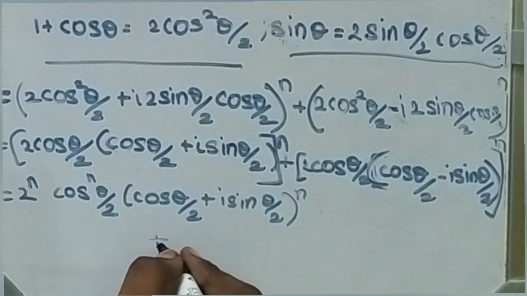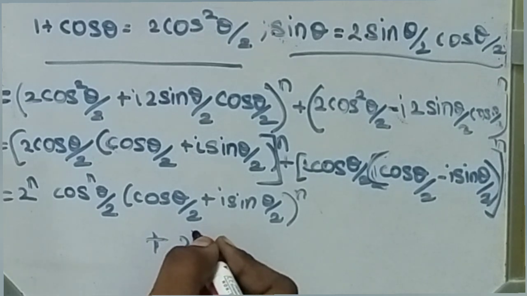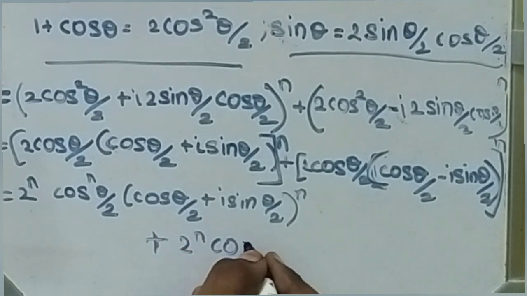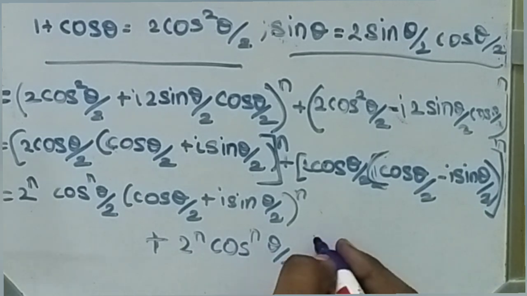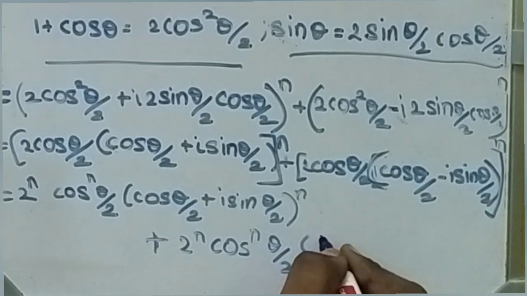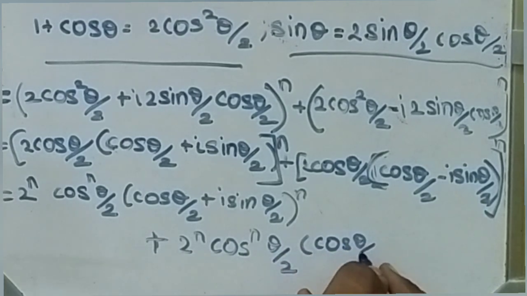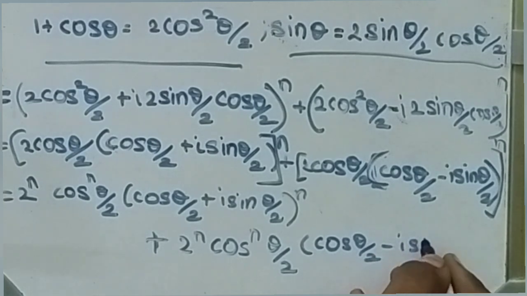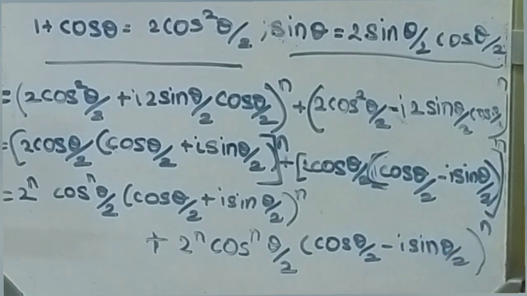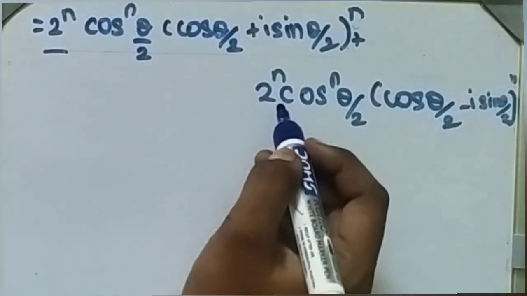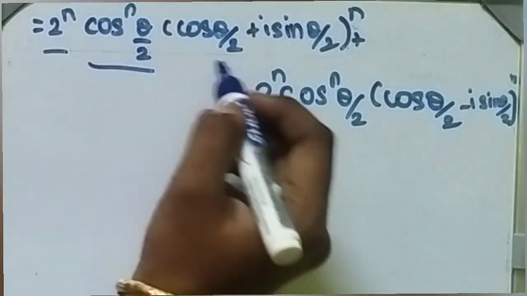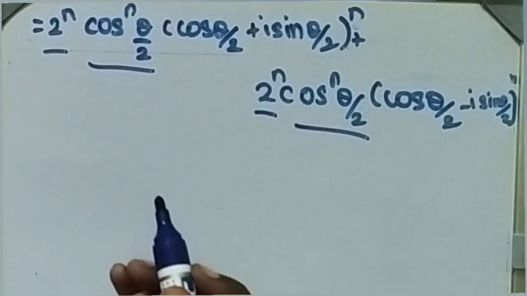So plus 2 power n cos power n theta by 2, multiplied by cos theta by 2 minus i sin theta by 2 power n. Right. So in both terms we have two things in common, 2 power n and cos power n theta by 2.